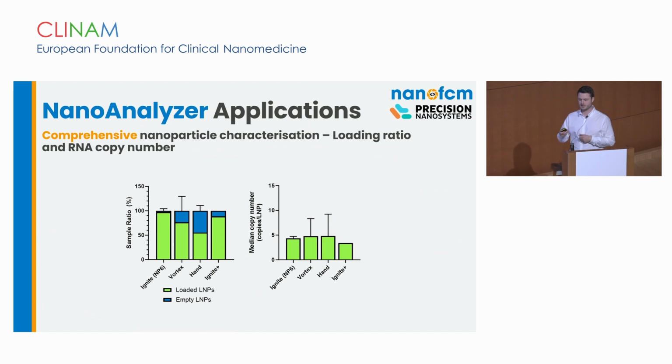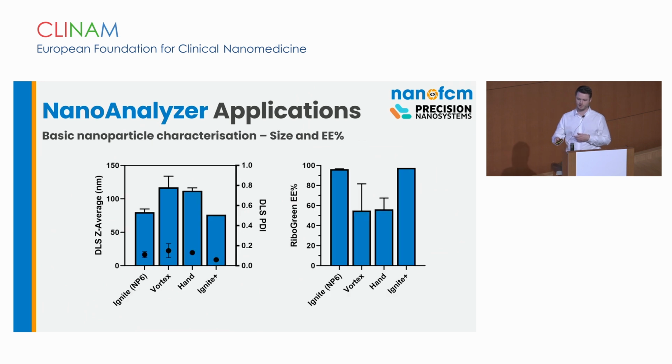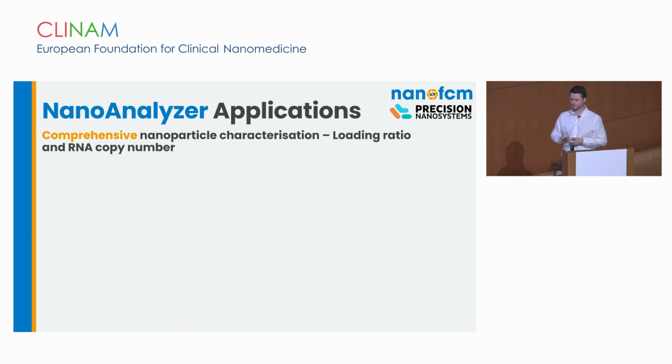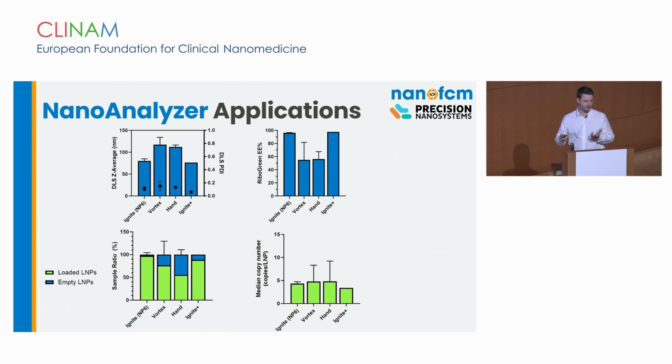So we see a lot more variation in the median copy, and actually if I go back to the previous graph, with the manual mixing we also see a lot more variation in encapsulation efficiency. There's not much change here, but when taken as a whole, you can see the picture that the manual methods aren't resulting in the nucleic acid being introduced to the LNP as readily. So you're getting the formation of a lot more empty particles compared to the microfluidic system.